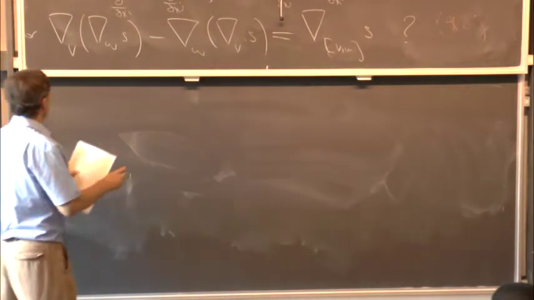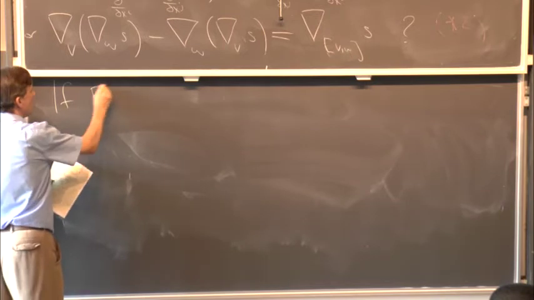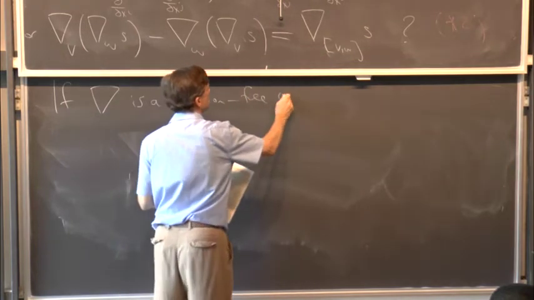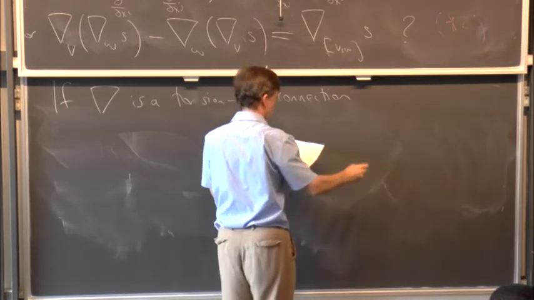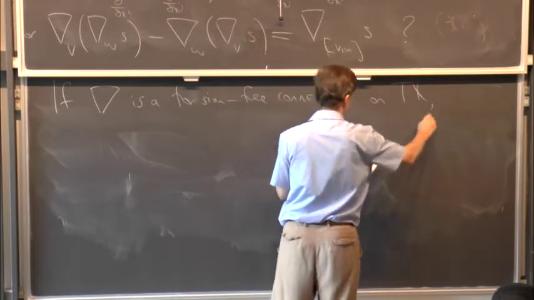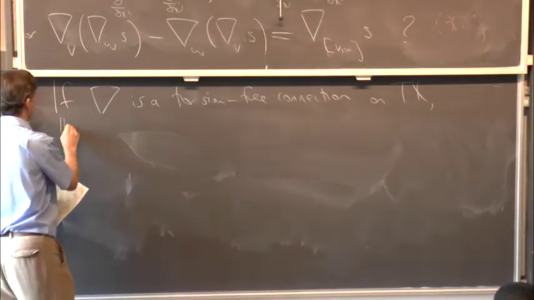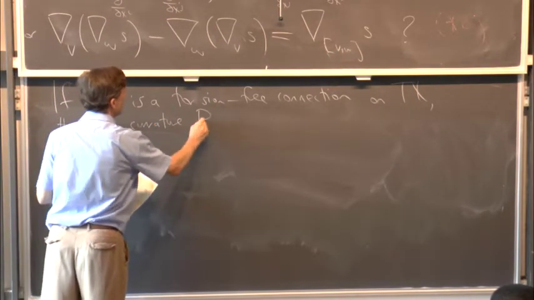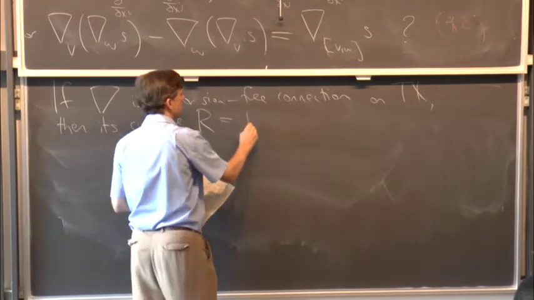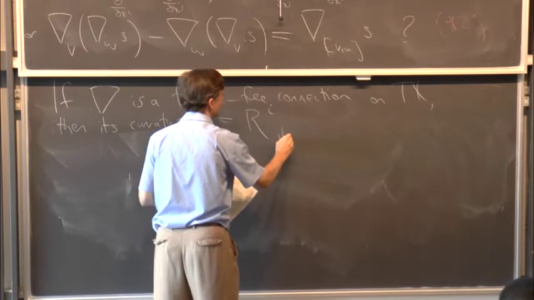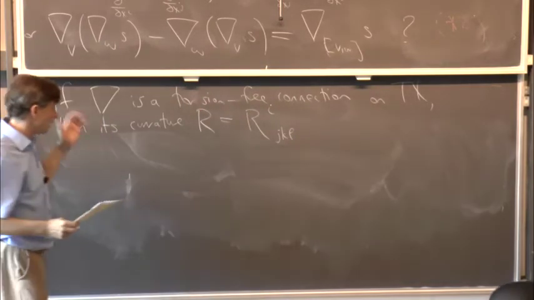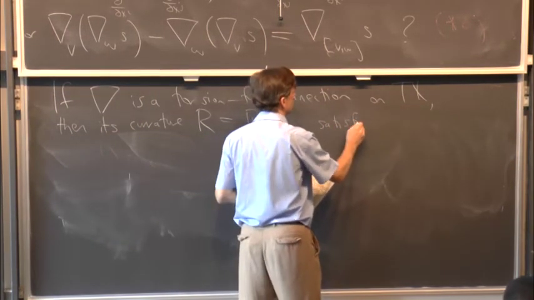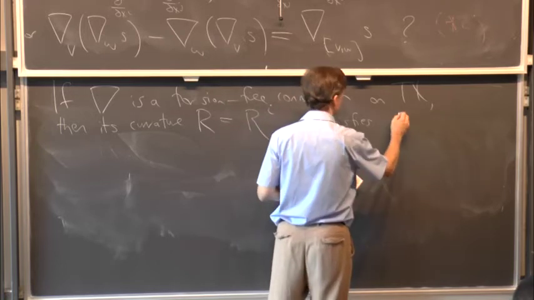Okay, well, so now it turns out that if nabla is a torsion-free connection on the tangent bundle of X, then its curvature R, which you can write as a tensor in index notation as R^i_jkl, so one upstairs index, three downstairs indices, satisfies two identities.